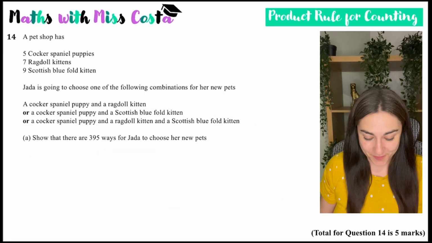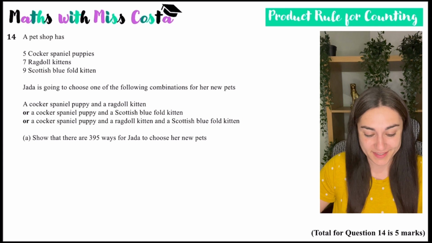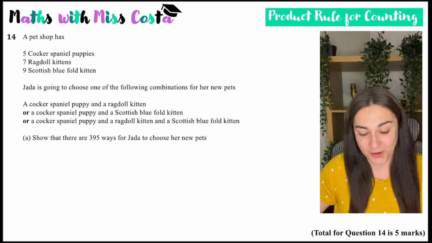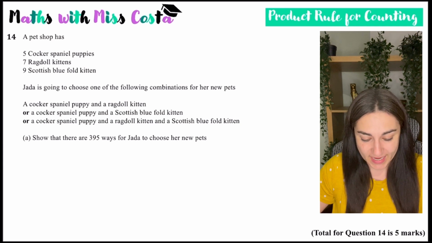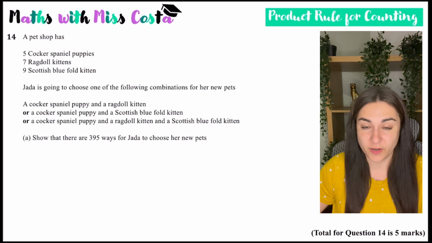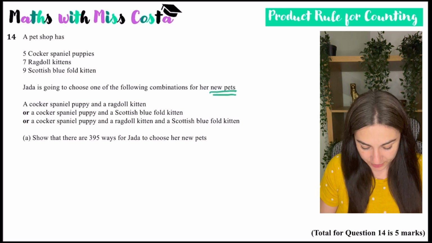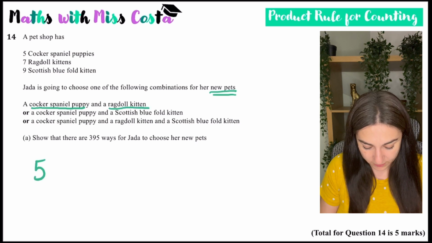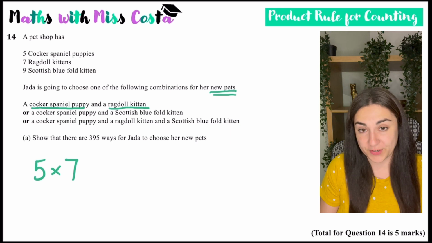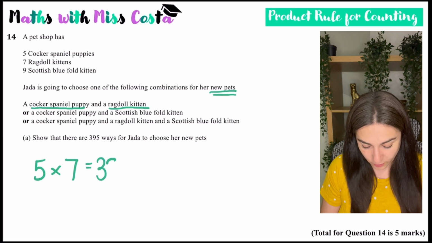Okay, so a pet shop has 5 Cocker Spaniel puppies, 7 Ragdoll kittens, 9 Scottish Fold kittens, and Jada is going to choose one of the following combinations for her new pets. So she's either going to choose a Cocker Spaniel puppy and a Ragdoll kitten, so one of the 5 Cocker Spaniels and one of the Ragdoll kittens, so in total that would be 35 combinations.